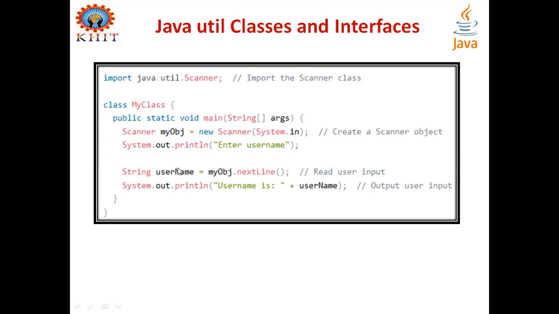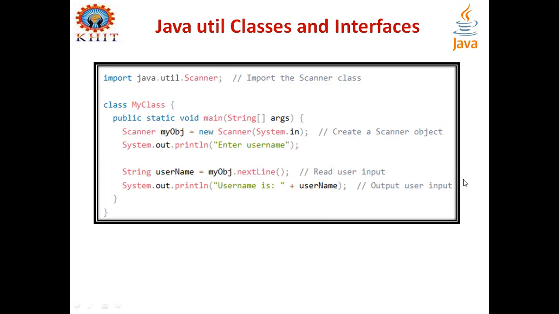String username. Username is now a string object, right? String username equal to my object dot nextLine. Once you understand this process, I'm using this Scanner class object to invoke this method for reading the string from the keyboard as user input.